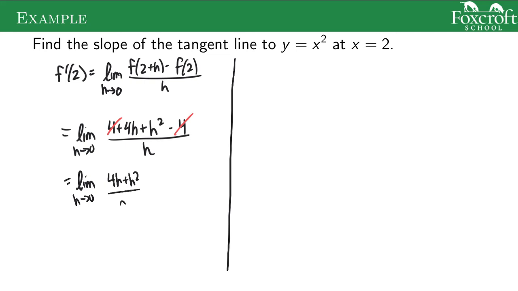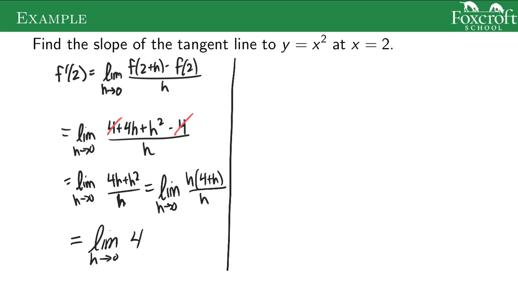Which is a good thing, because if everything has an h, I can factor the h out and then cancel it with the h on the bottom that's been giving me issues the whole time. And then once you cancel the h on the bottom, now I can just plug in 0 and get 4. So my derivative at 2 is 4, which means the slope of the tangent line is 4.